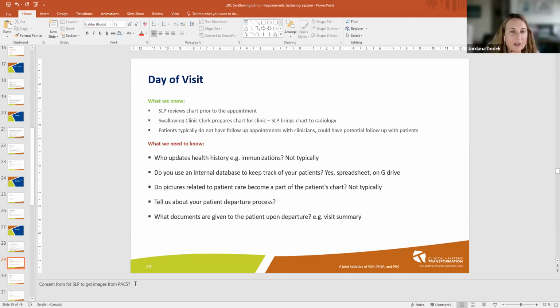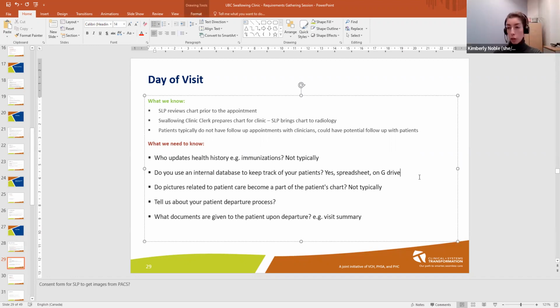Sorry, Stephanie, can I just interrupt? The spreadsheet that you have there, what are you tracking on there? What are you tracking about your patients? It's mostly just for scheduling purposes. So it says any referrals that come through that were appropriate for another outpatient swallowing clinic, such as in Richmond or on the North Shore, Cheryl would write a note and say referral sent to X clinic.